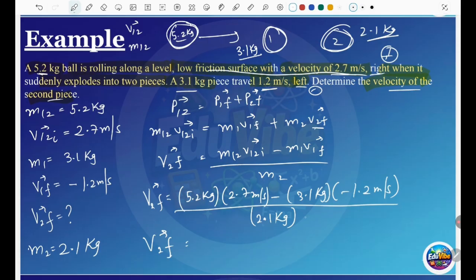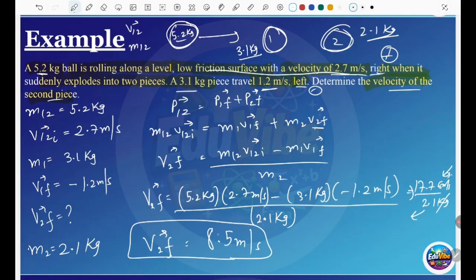When you solve all of this, you get about 7.7 kg meters per second upon 2.1 kg. The kg cancel out, and then you get about 8.5 meters per second. This is positive, so this means it is in the right direction.